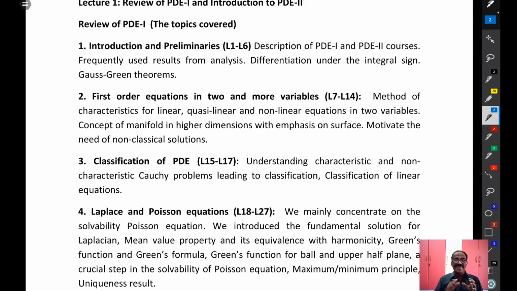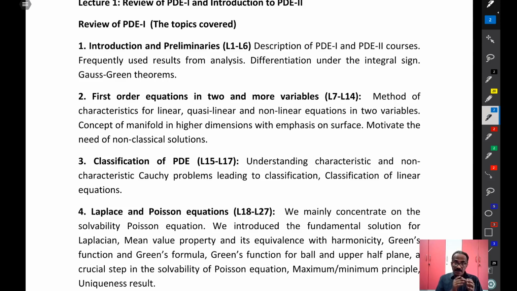Initially we gave a detailed analysis of first order equations starting with 2 dimensions and then higher dimensions. We also introduced in a systematic way the method of characteristics, first for linear equations, then quasi-linear equations, and then nonlinear equations, and various geometric concepts including Monge cone, Monge strips, integral surfaces and all that.